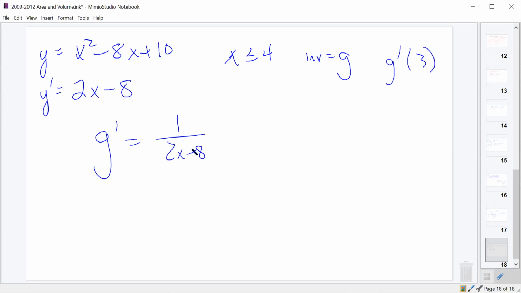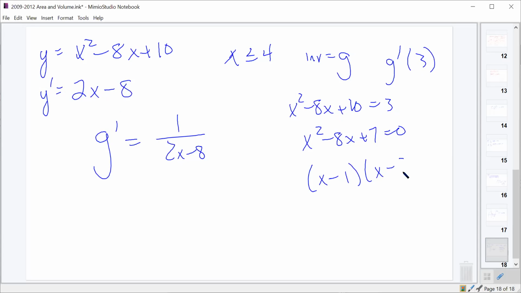All we have to do is figure out at what value on our original function does g equal 3. So we'll go back in and set x squared minus 8x plus 10 equal to 3, which gives us x squared minus 8x plus 7 equals 0.